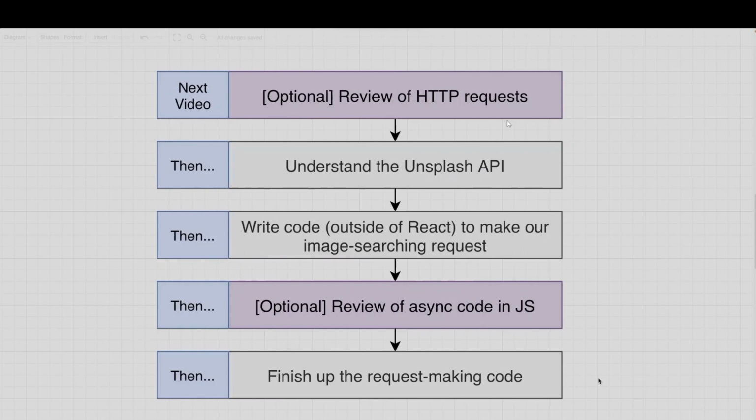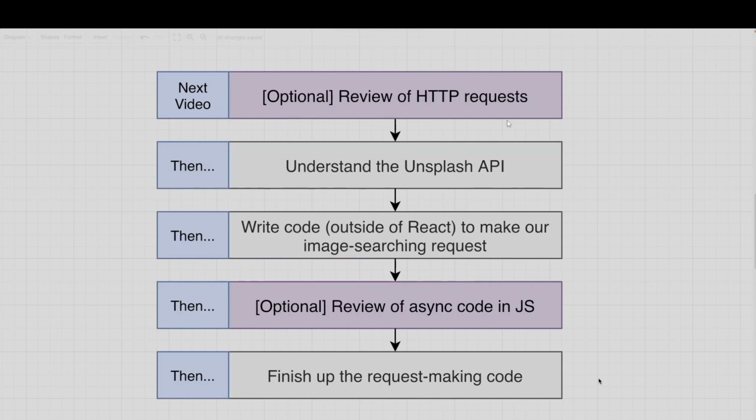In case that you don't know how HTTP request and response work, then this video will help you to understand from basics that how HTTP request is posted and how response is collected from the API which we are using. In this case, we are going to use Unsplash API, because that will help us to show a list of images. And then we are going to understand the Unsplash API, that how does it work and how can we use it in our project.